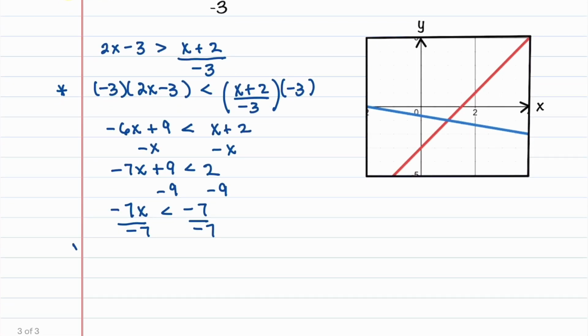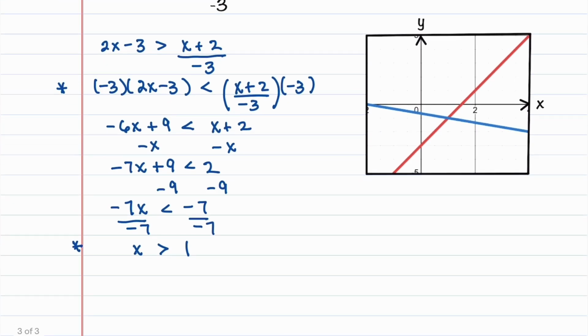We're going to put another star here. We're dividing by a negative, so again, we have to switch the sign. And this gives us x is greater than 1. We'll write our solution as x such that x is greater than 1, or in interval notation, 1, infinity.